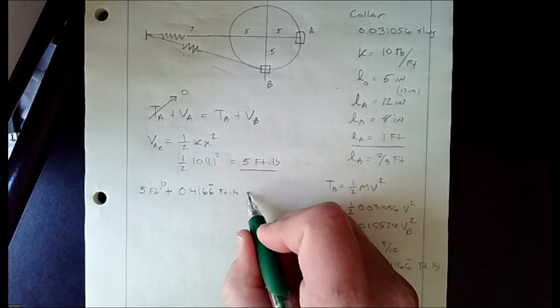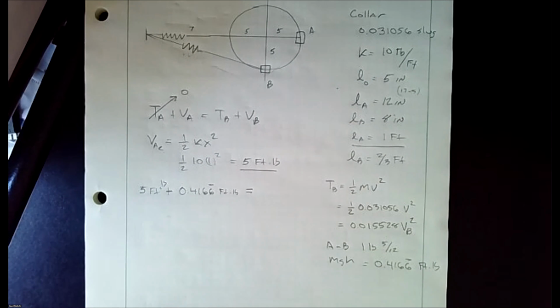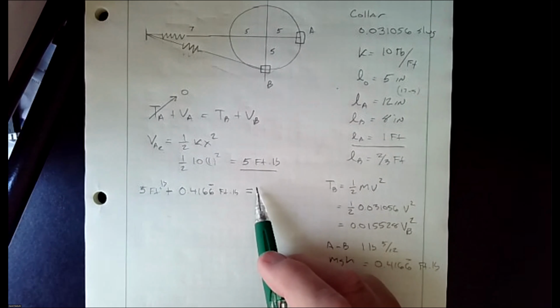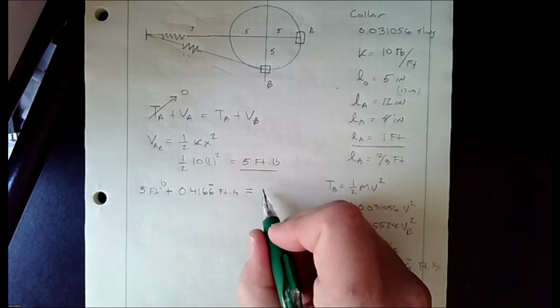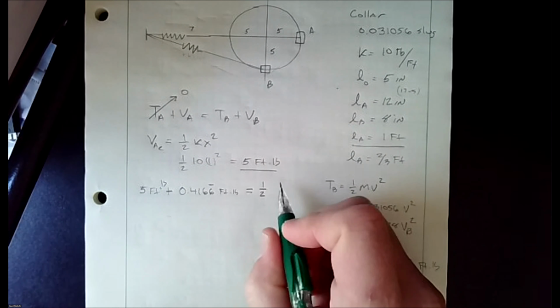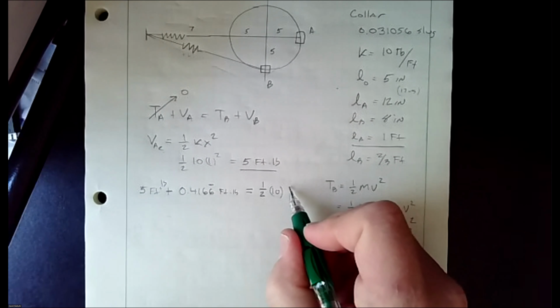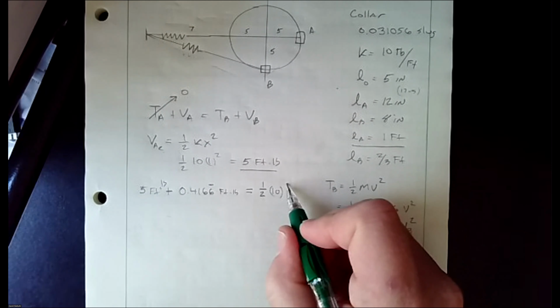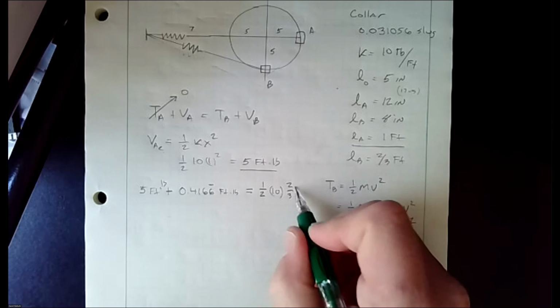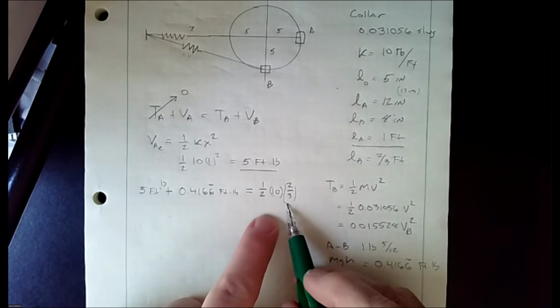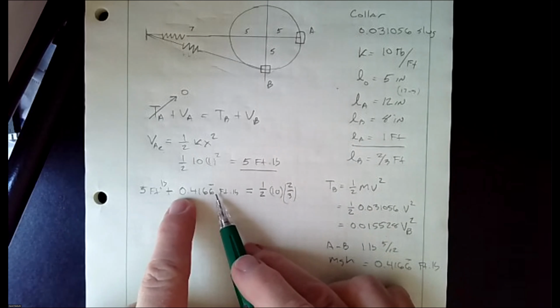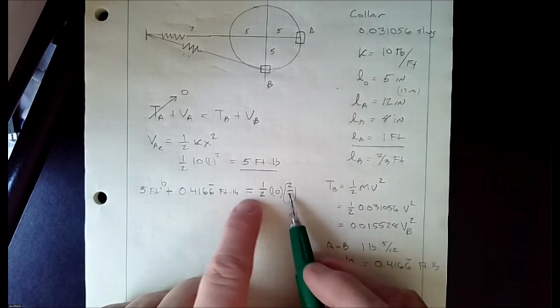So we can say this is going to equal 1/2 of 10. And then how much is left? We said 2/3, right? 2/3 of a foot. So that's got to be on this side. So effectively, you'd subtract it from this side because that's how much energy is left.